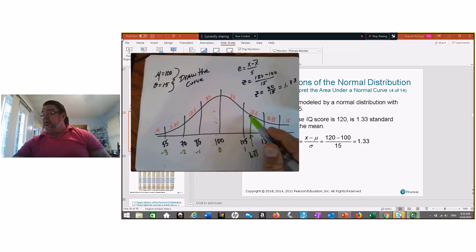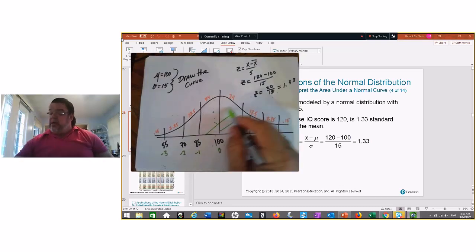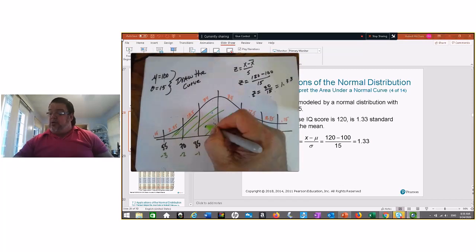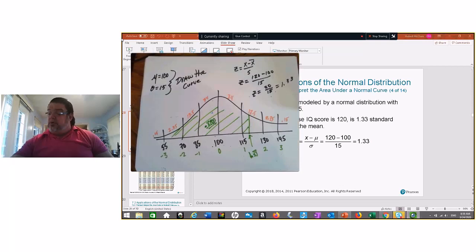So 84 plus 5, I'm going to say that this area right here is around 0.8900 using the empirical rule. Now, when I use the empirical rule, I'm guessing, but it's enough of a guess to let you know that you're either right or wrong when you do your math.